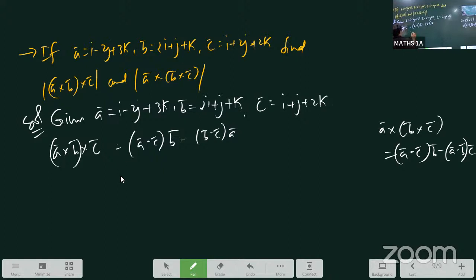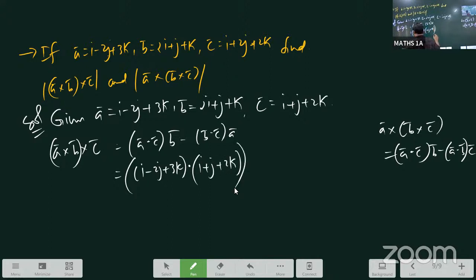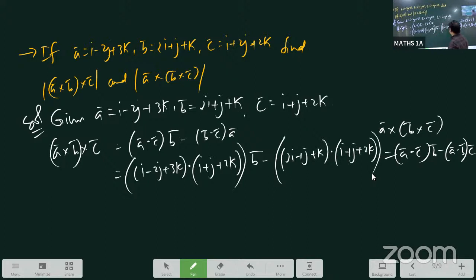That is, open the bracket, (i minus 2j plus 3k) dot (i plus j plus 2k), into b bar, minus, again open the bracket, (2i plus j plus k) dot (i plus j plus 2k), into a bar. Is it clear?